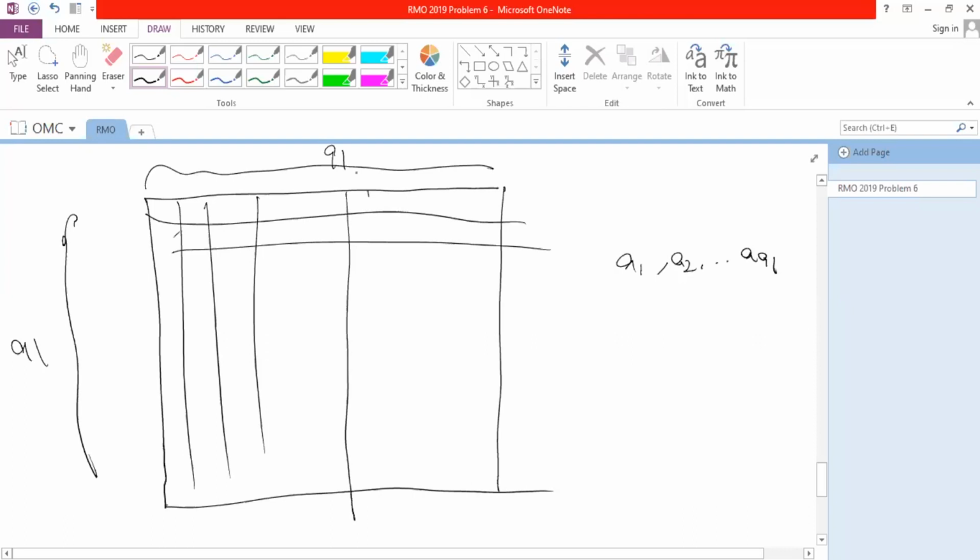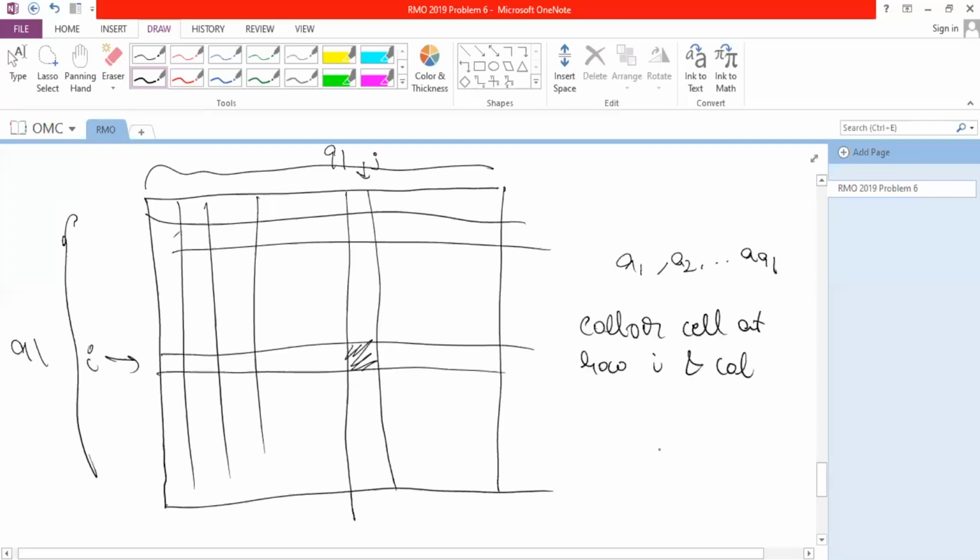Say the cell is in row I and column J. Then we color the cell at row I, column J black if and only if GCD of I and J is equal to 1.